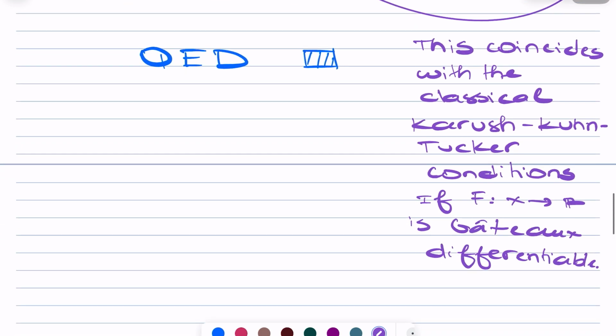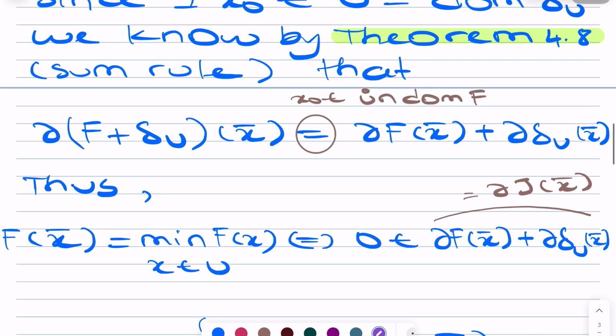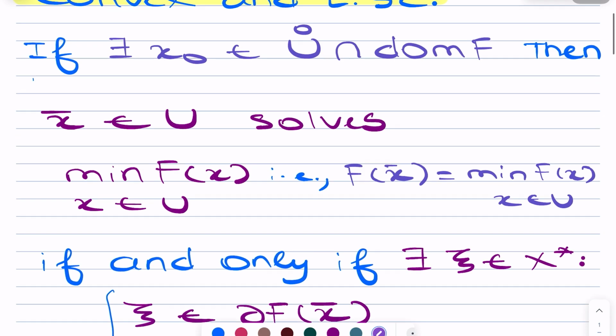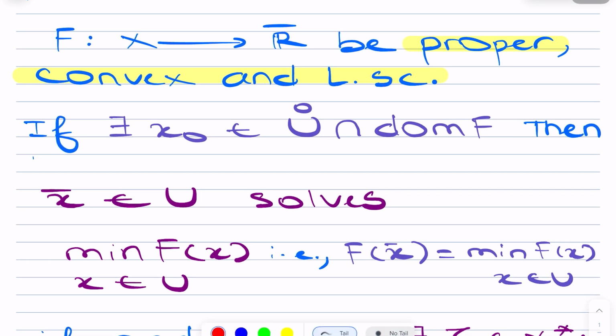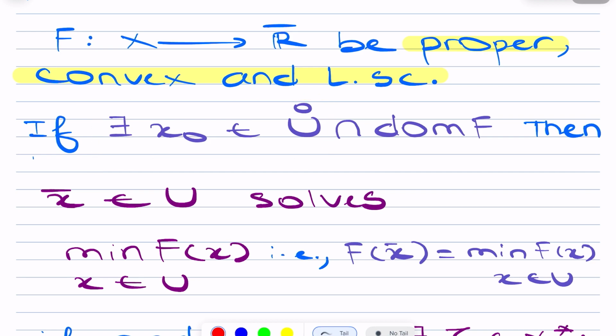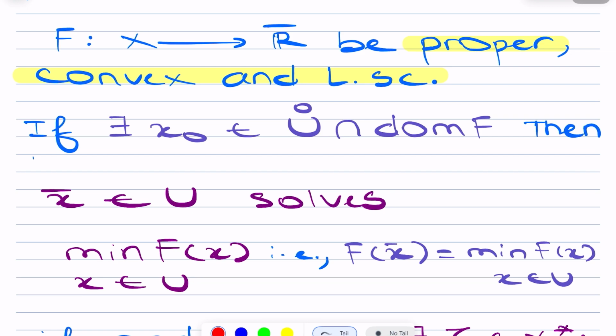Another point is that the existence of an interior point x0 is an analog of the Slater condition, which we usually need to prove the existence of the Lagrange multiplier xi for the inequality constraint.